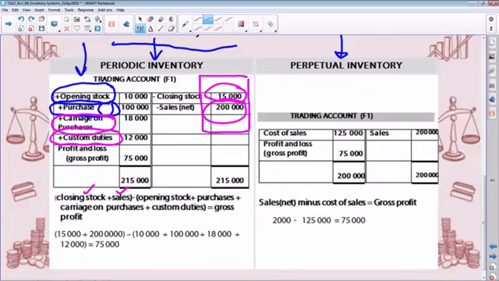Less your opening stock, then your purchases, then your carriage and purchases, then your customs duties, okay? This would then give you what we refer to as the gross profit of 75,000 rand.